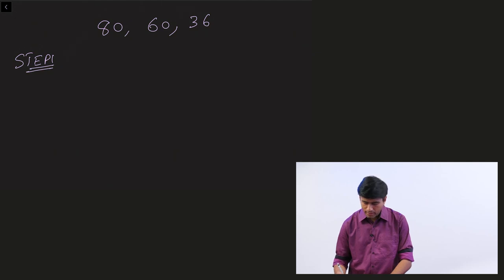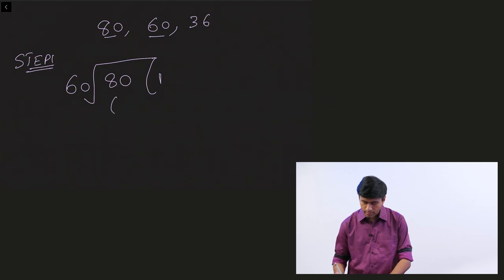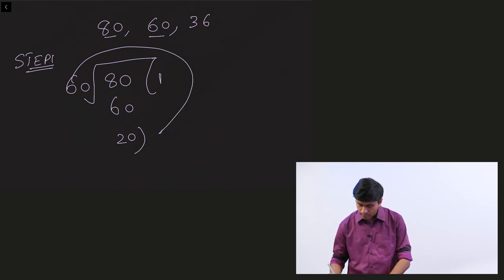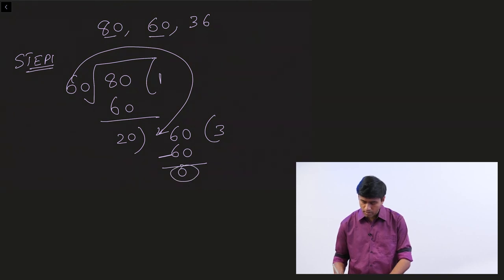So we divide these 2 numbers, 80 divided by 60. 60 1s are 60. If you remove that, 20. Remember, we bring 60 all the way here. And the remainder becomes the divisor. 20 goes 3 times into 60. That's it. This is your first step.